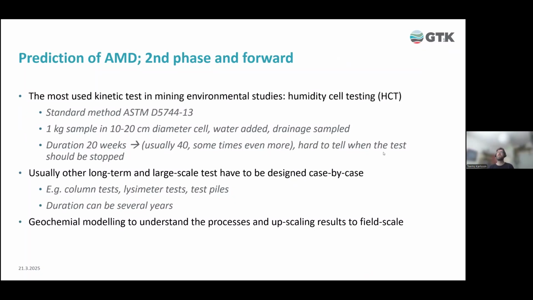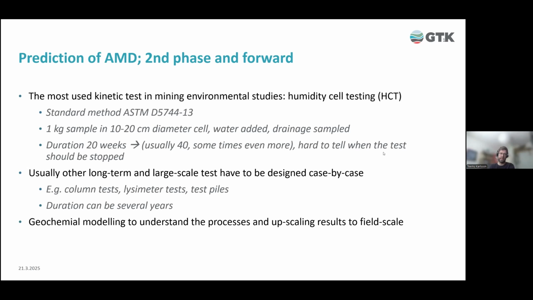Usually the first phase characterization is done for a bigger amount of samples, to screen the mine waste a little bit. And then for the second phase and forward, testing goes to a smaller amount of samples, and you know a little bit what the most interesting waste fractions are.